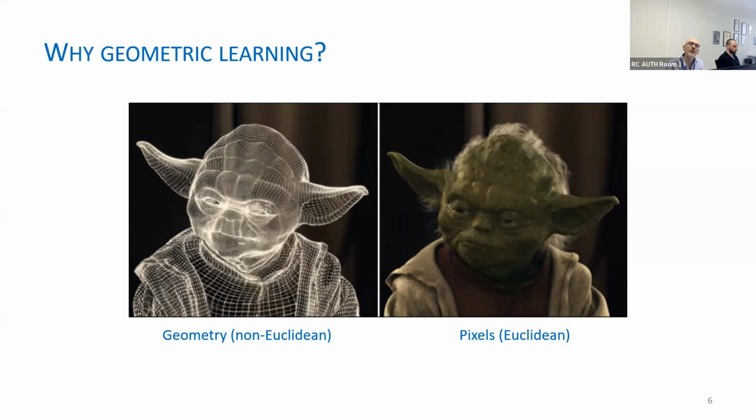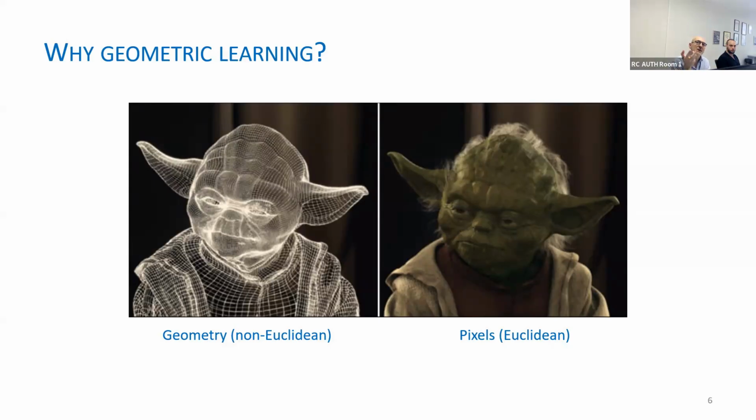But in this example, we have the geometry of a shape. It is non-Euclidean because this domain is not flat. It is a curved domain, normally also referred to as a manifold, because it is a mathematical variety in the 3D space. And on the right, of course, we have the pixel domain.